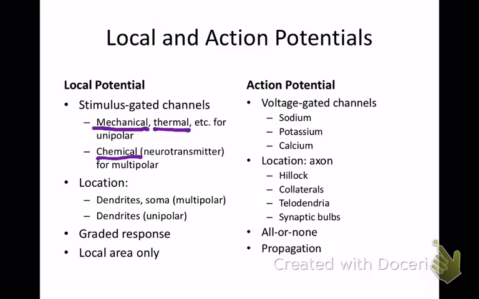When you talk about sensory neurons, are there any sensory neurons that are sensitive to chemicals? Any in your taste buds? Can you sense sugar or salt or acid? Yeah. So how are they working? Those are chemicals that are stimulating neurons and causing gates to open.